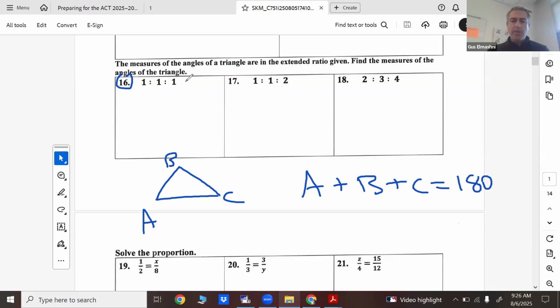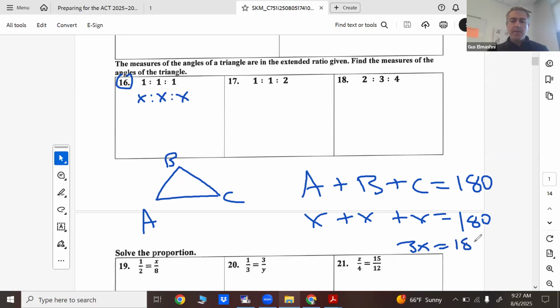If the ratio is 1 to 1 to 1, call it x, x, x. So x plus x plus x equals 180. 3x equals 180. x equals 60.